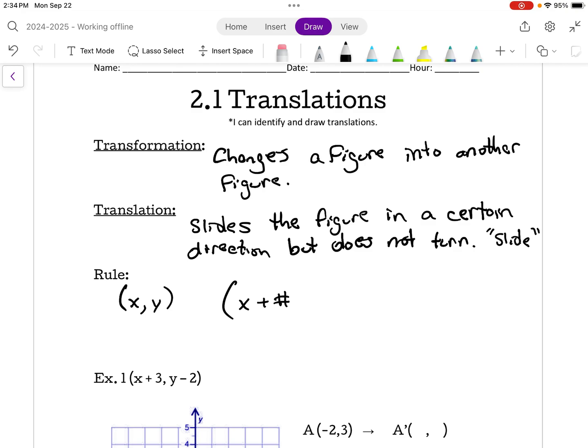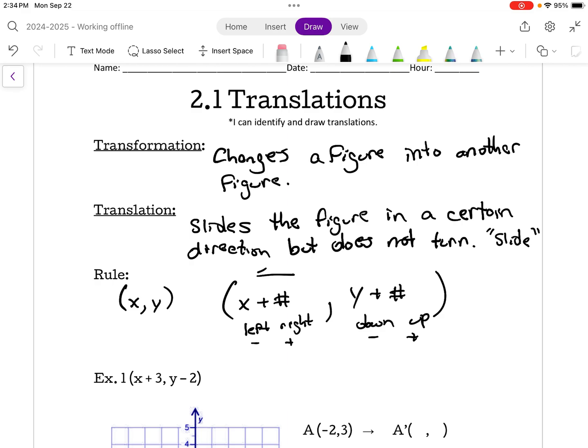Again, left would be negative and right is going to be positive. And then comma, Y value plus whatever number you move it vertically. So down would be negative, and then up is positive. And then that's your rule.